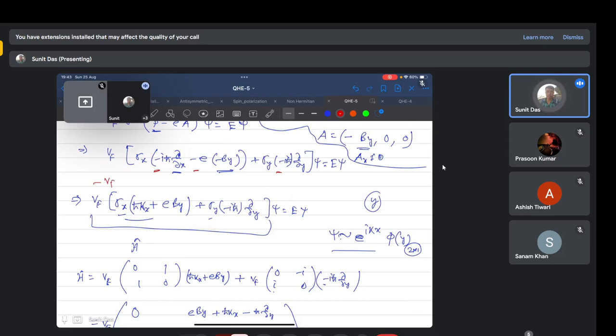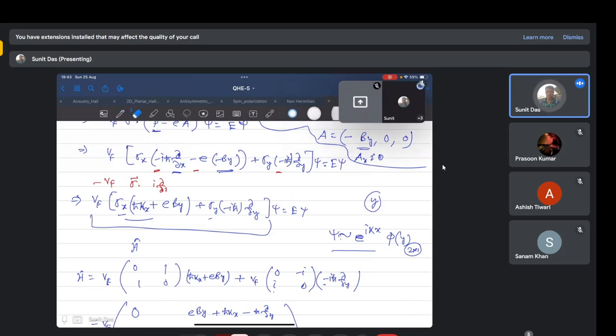You can write h minus Vf and then sigma dot i del, or rather grad, minus eA, and then psi of r equal to E psi of r, right?